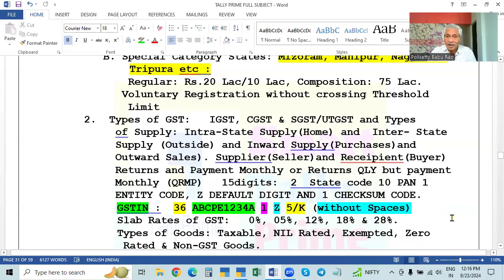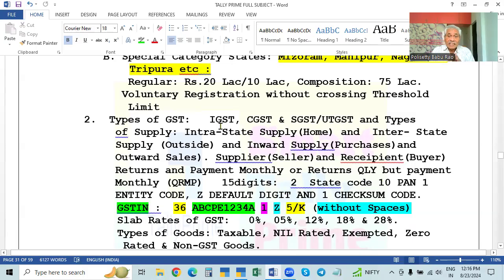That's called the slab rate. If the tax is to be calculated on the goods, depending on the nature of goods, and depending on the place of supply, that is in the same state or some other state, and the place of the buyer and seller, we charge the tax.